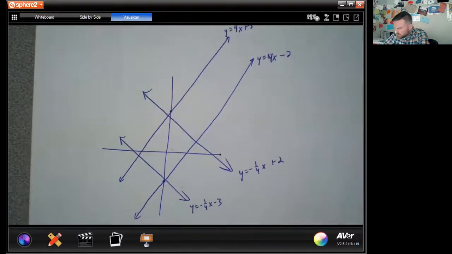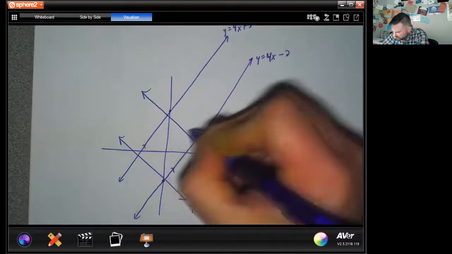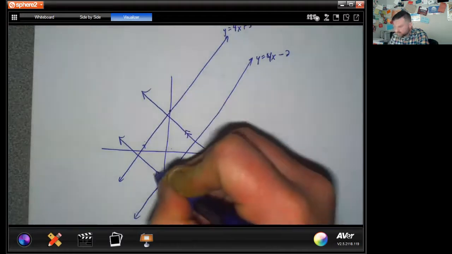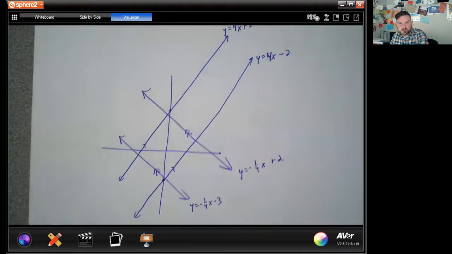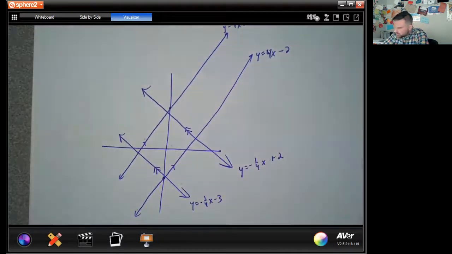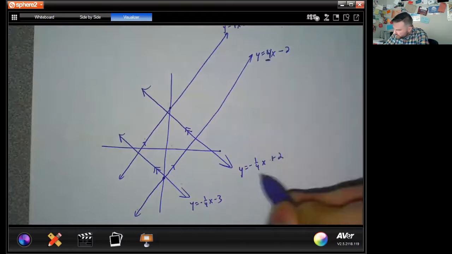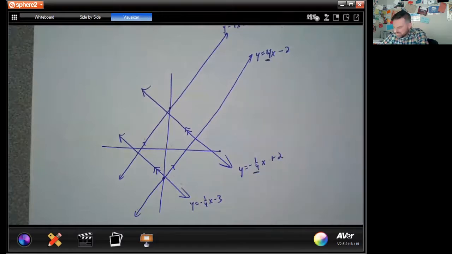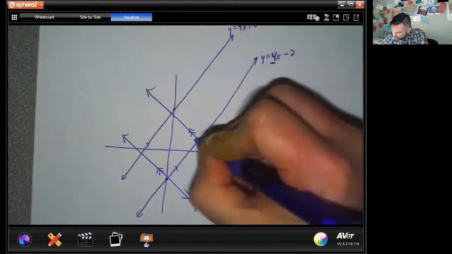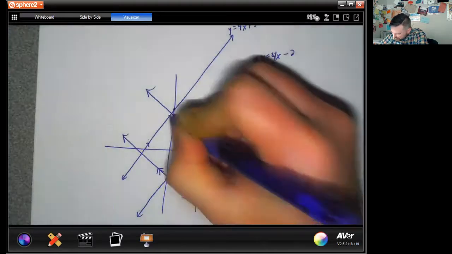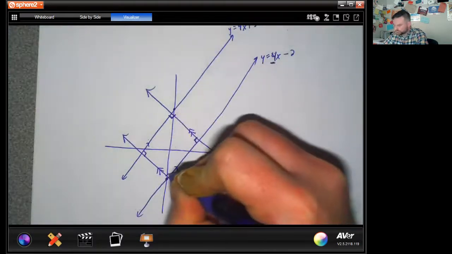So I do have a parallelogram. Parallel, parallel, parallel, parallel. Okay, I do have a parallelogram. And in fact, if we look at the slopes, this is 4, this is -1/4. Those are negative reciprocals. So I have 4 right angles.